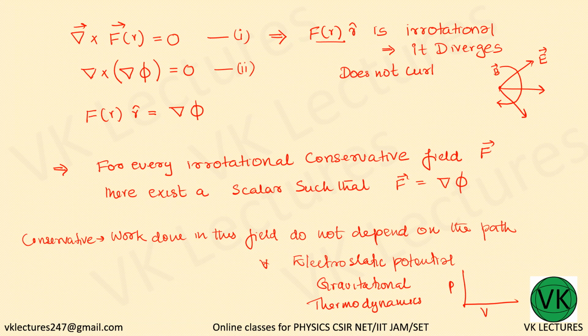All are called conservative fields, and they are also called point functions. This is because the work done depends only on the initial and final points in the graph. It does not depend on how you go. You can go like this or like this, but whichever path you follow, it depends only on the end points.